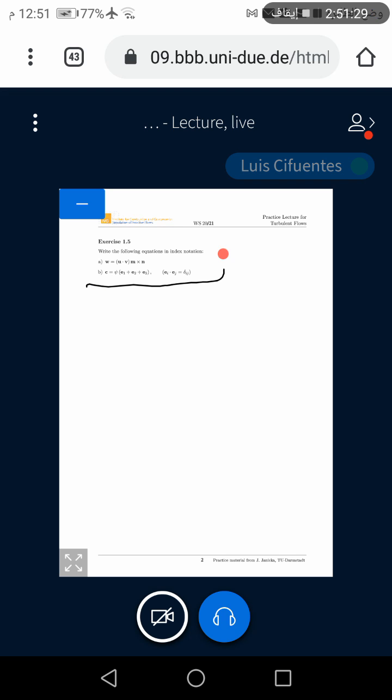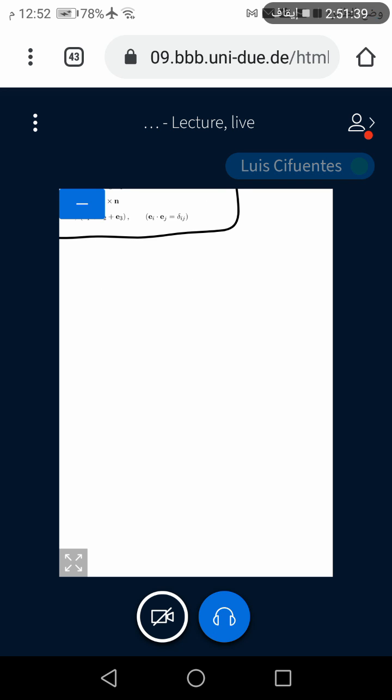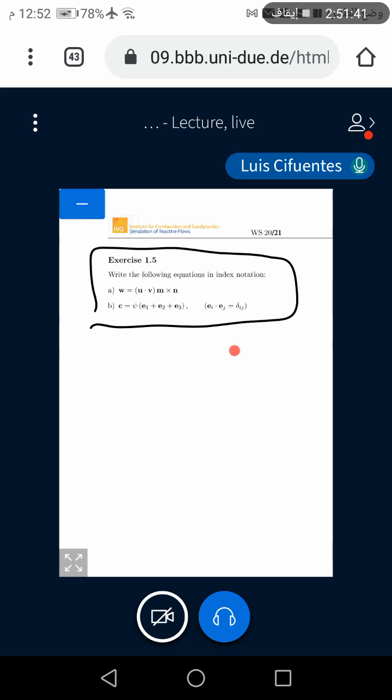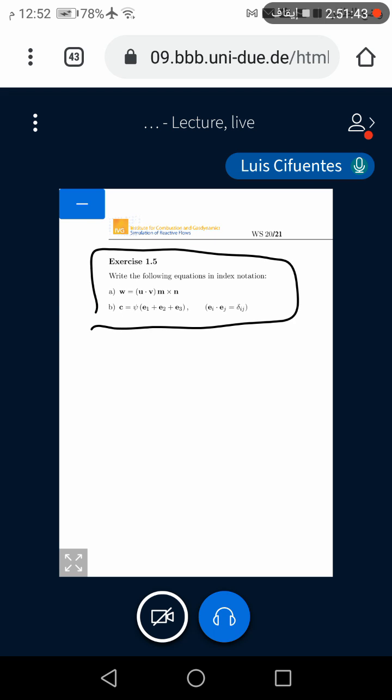Yeah, this one. So very easy. We have to write down the exercise in index notation. Let's do that here. We have the first one, this one. This is just a vector. As you know, we can represent this vector in the following manner.